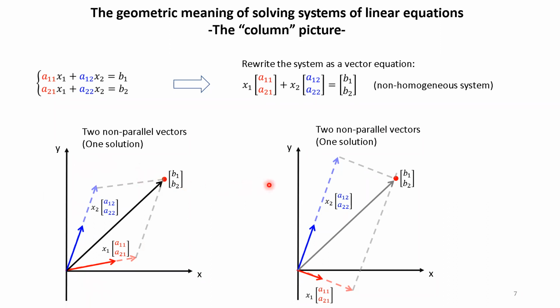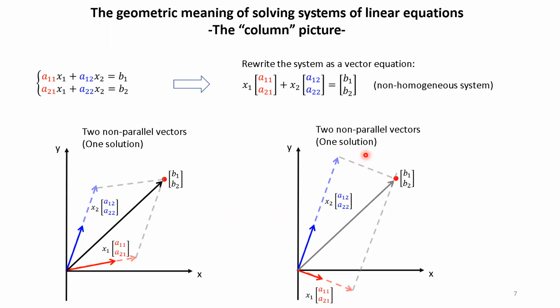And then the other case, this is also just one solution, but you see that the two vectors are pointing in different directions, but at the end you can find the corresponding parallelogram to make it work. So in these two cases, you find one solution, and that solution is unique.